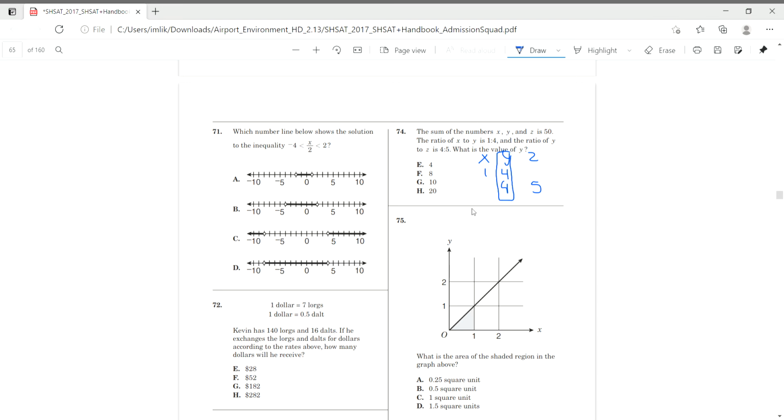So I can write the ratio of x to z as 1 to 5 because they have common ground. They share a term, which means that the ratio of x to z is always going to be 1 to 5.